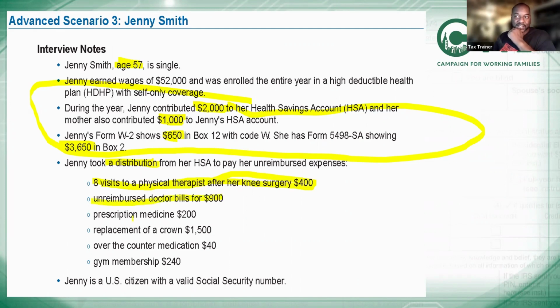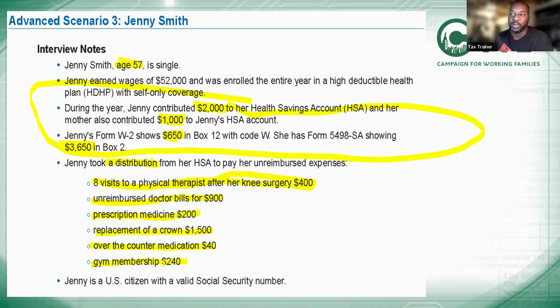Yes. How about prescription medicine? Yes. What about replacement of a crown? The crown on her tooth, right? Yes, I would believe so. And over-the-counter medication? Yes. For HSA, that's a yes. Now, if that was for an itemization, that would be a no. But for HSA, that's a yes.